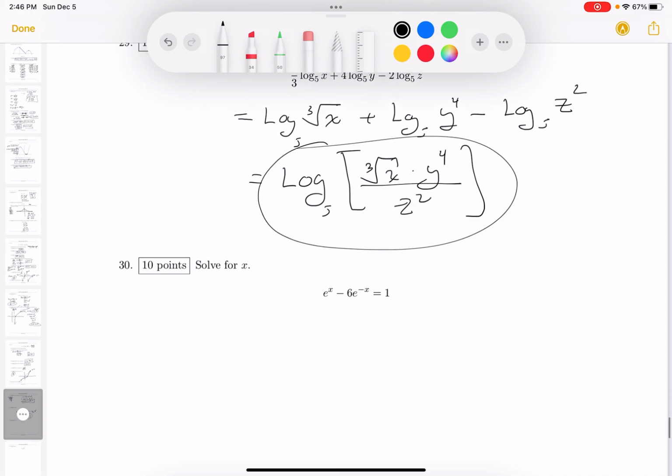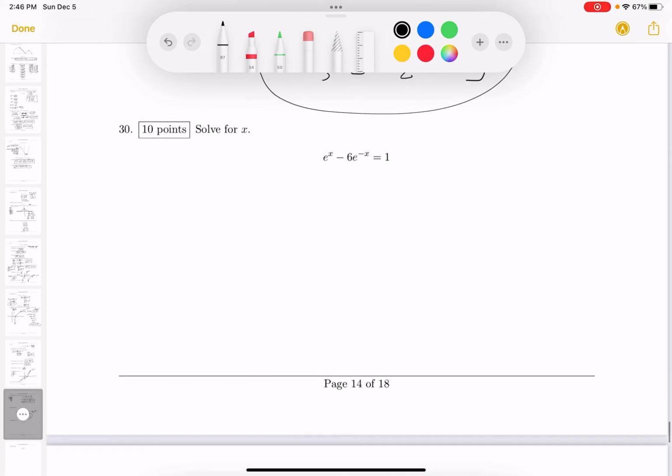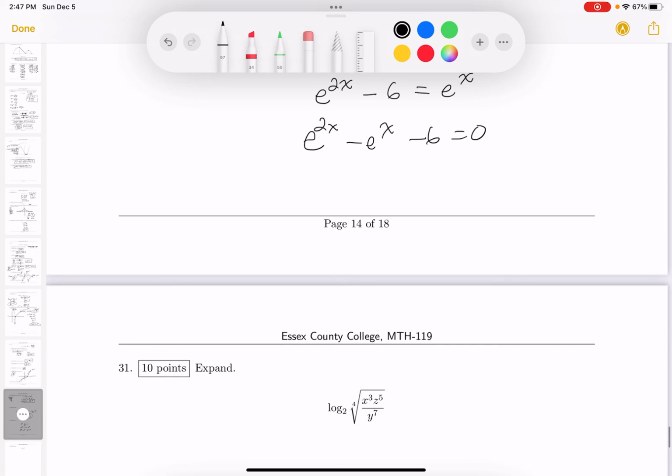That's done. This one's solved for x. There's many ways to do it. One thing I would do is, I don't know, maybe rewrite it without the negative exponent. I would multiply both sides by e to the x. And you would get 2x minus 6 equals e to the x. E to the 2x minus e to the x minus 6 equals 0. It looks factorable to me.